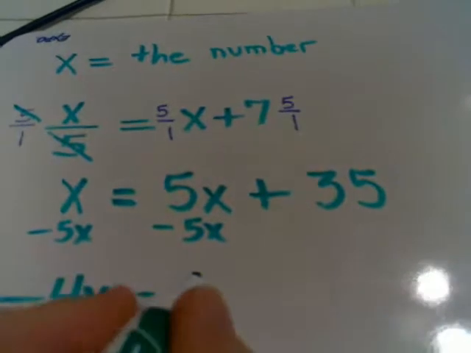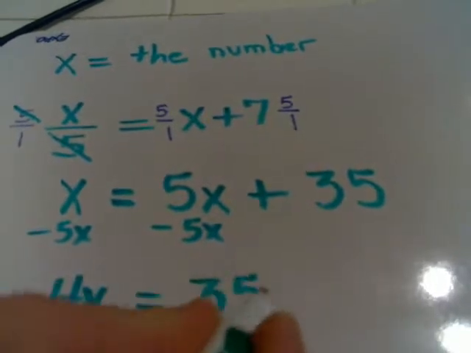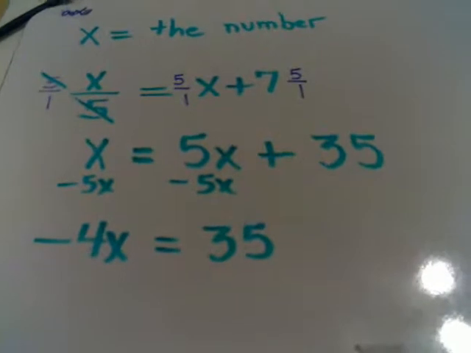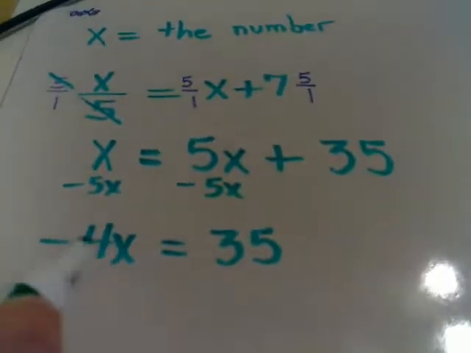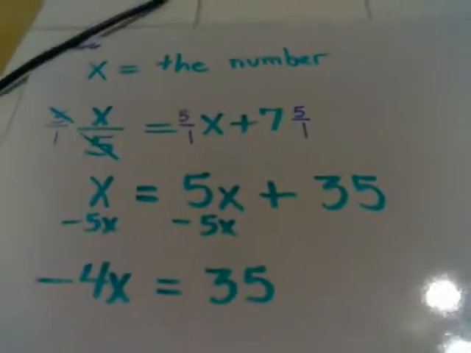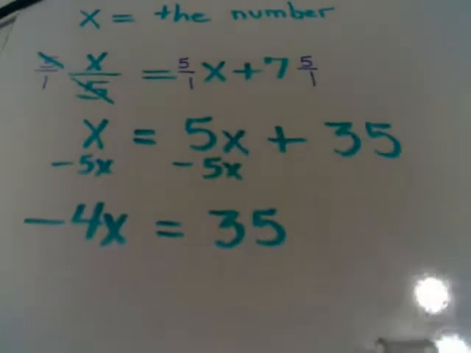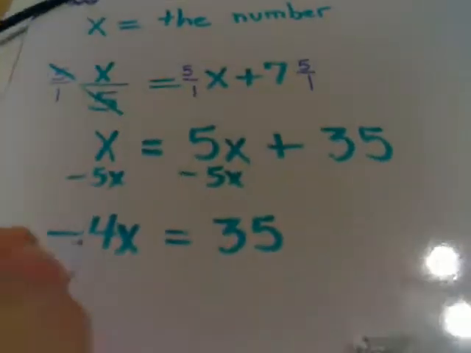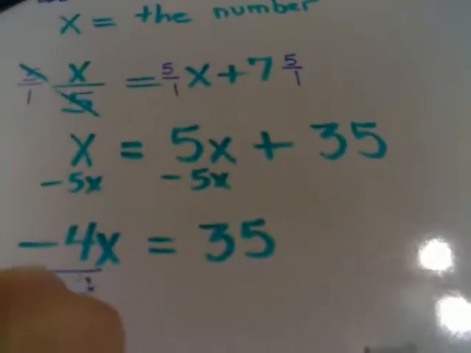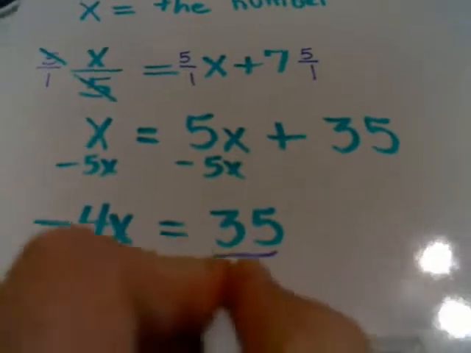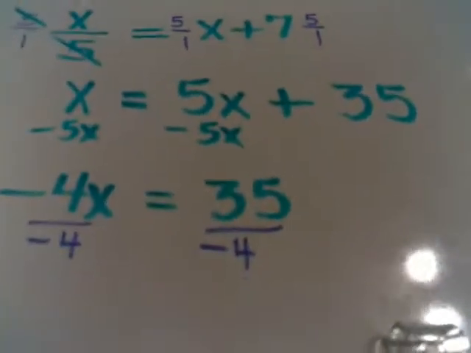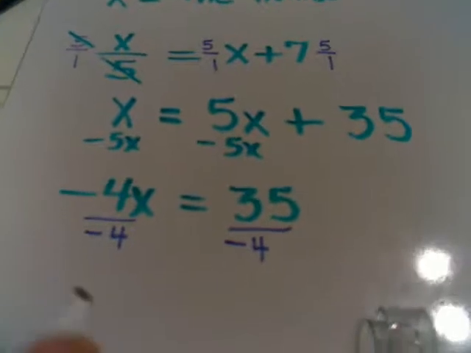And on the right-hand side, it leaves us with the number 35. And our final step, since x is being multiplied by -4, to undo multiplication, we use division. What we do to one side, we do to the other. We divide both sides by -4, and there's our answer.